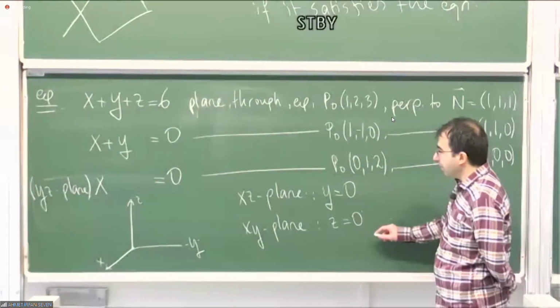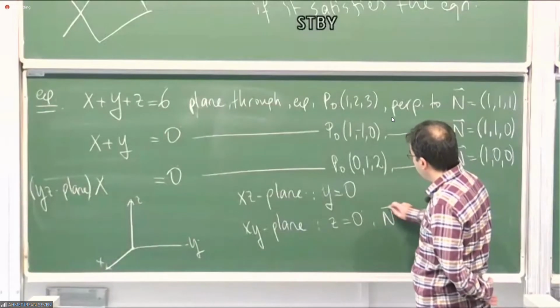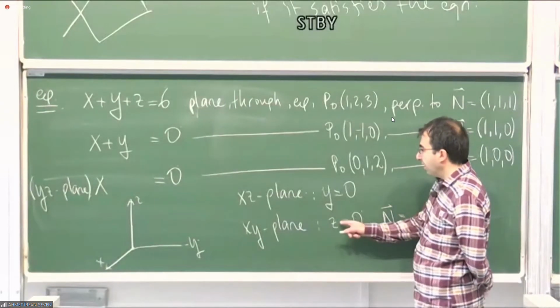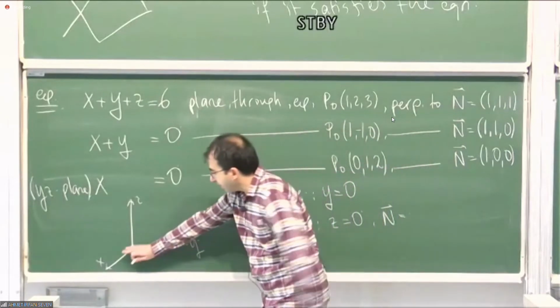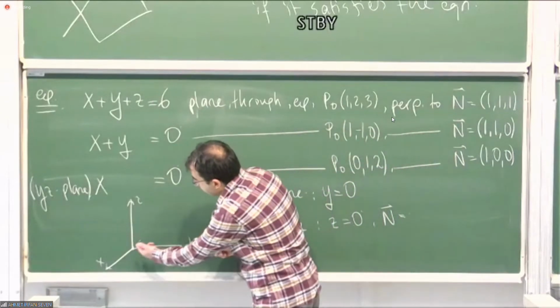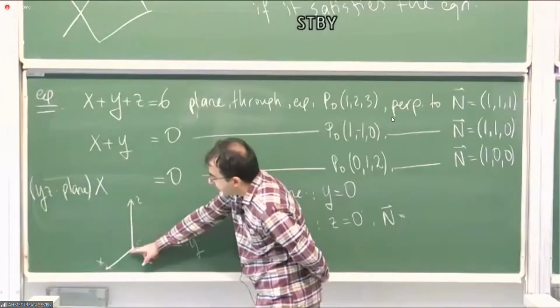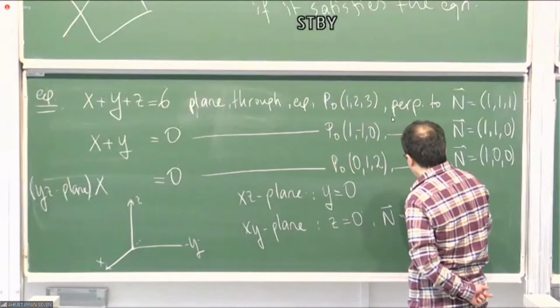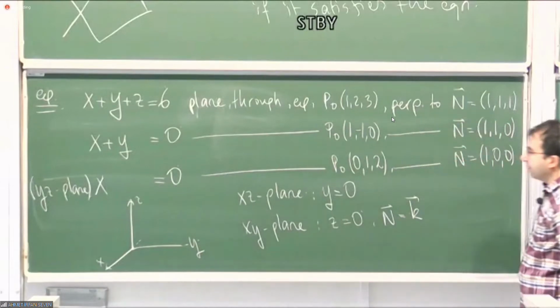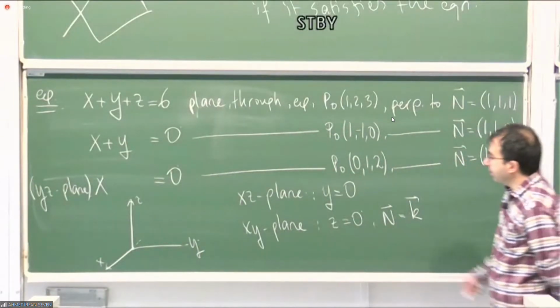Let's write the normal vectors. So what is the normal vector here? z is equal to 0. We are talking about the xy plane here. So let's write one vector which is perpendicular to the xy plane, for example, k. k is a normal vector to the xy plane.